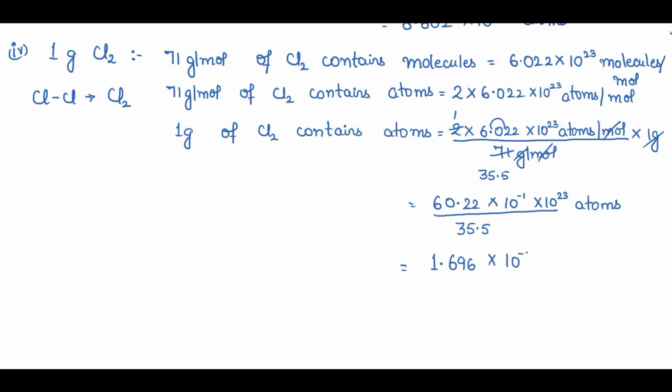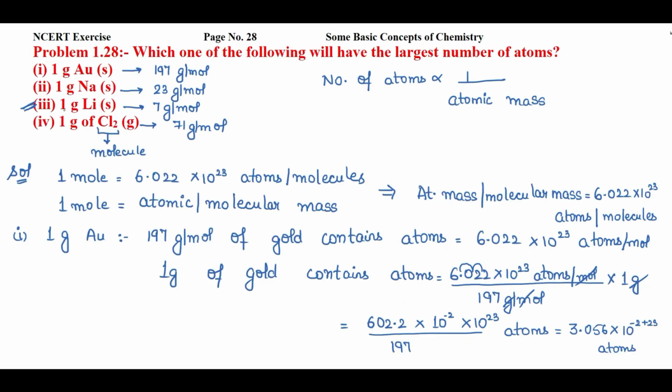So 10 raised to power minus 1 plus 23 atoms, right? So 10 raised to power minus 1 plus 23, the final answer will be 1.696 into 10 raised to power 22 atoms. So we know that the higher number of atoms are present in 1 gram lithium. Third one is the correct answer.